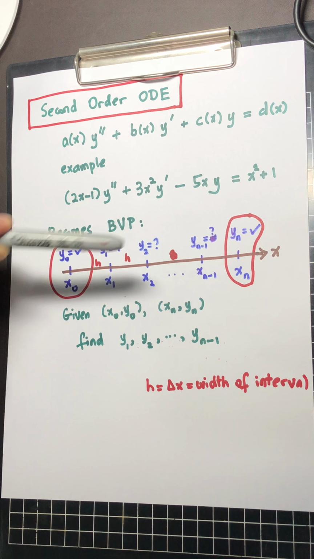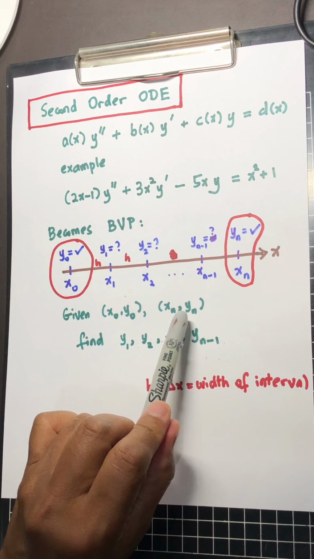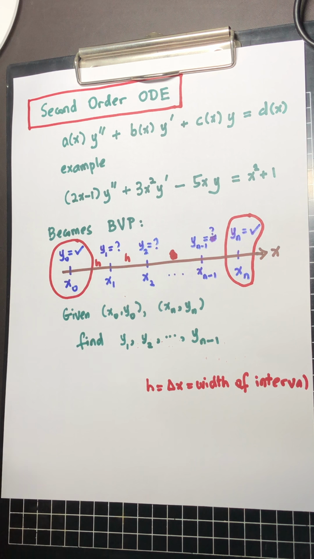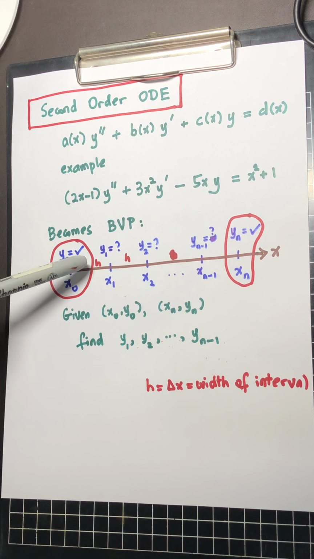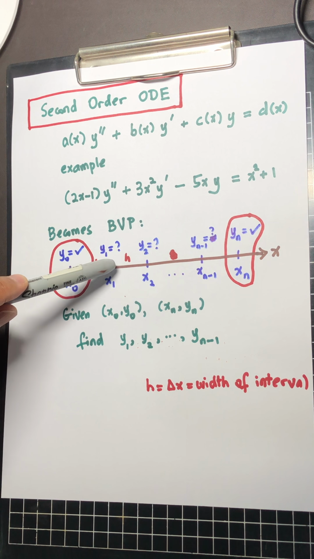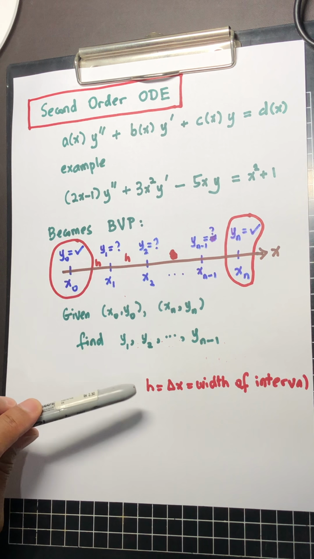So this is a problem. Given the boundaries, this one here is left, this one here is right. So find y1, y2 until yn minus 1. So this difference between x0 and x1, we call it h, which is the width of the interval. They must be uniform. h must be constant in this case.